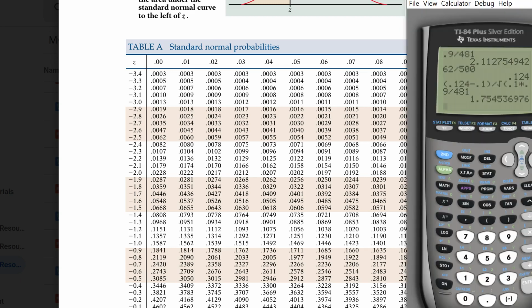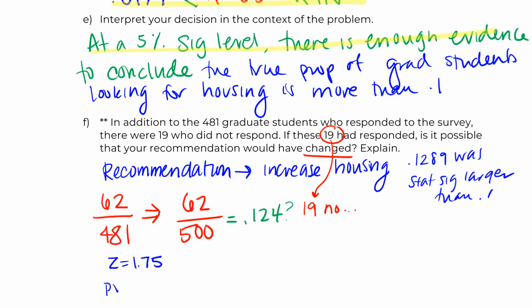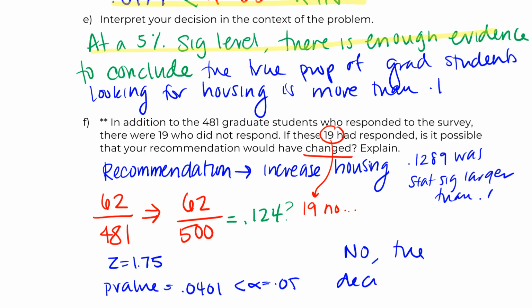I'd say still, but I end up with 0.04, which is still less than alpha of 0.05. So no, the decision doesn't change. So annoyingly, you had to do like a whole new hypothesis test to answer this question.